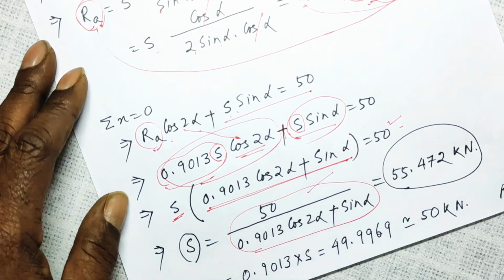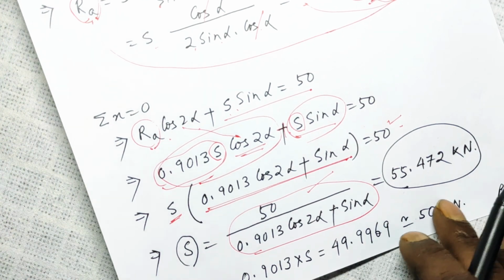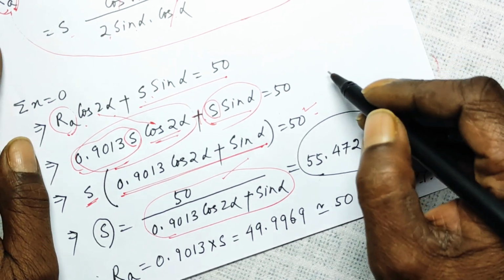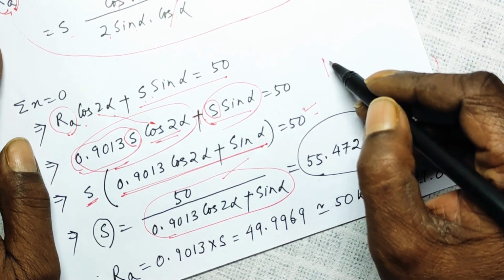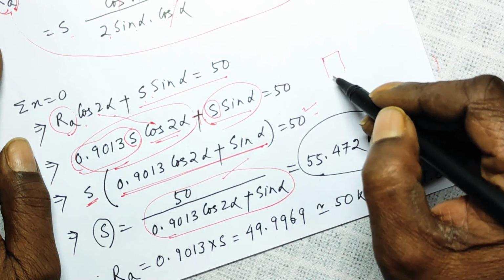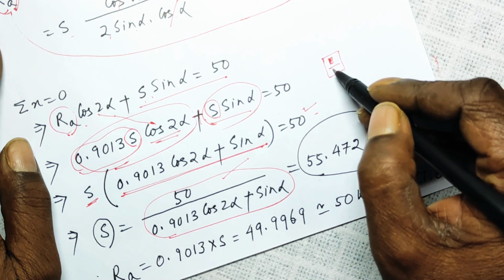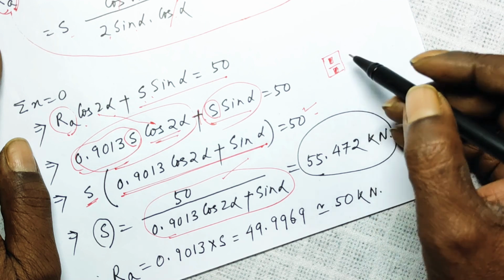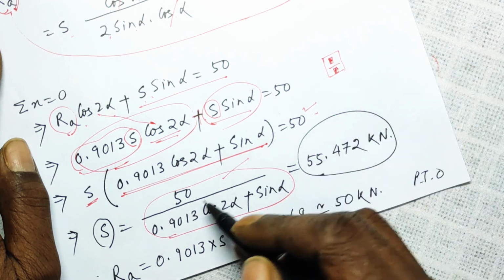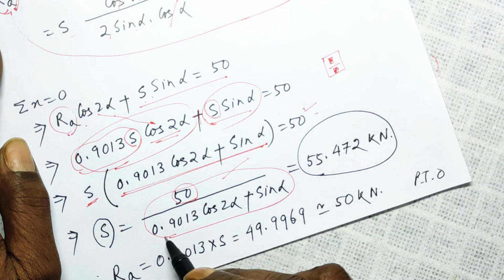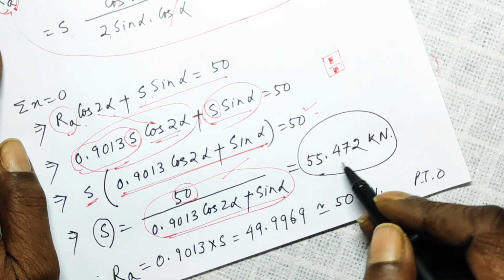Now just use a scientific calculator, putting this fraction function, you will get a button like this. You press it, then here you substitute value 50, then here you write these values together and press enter.